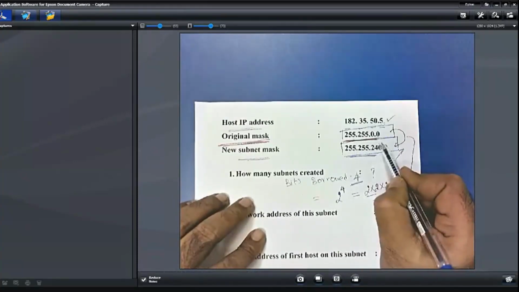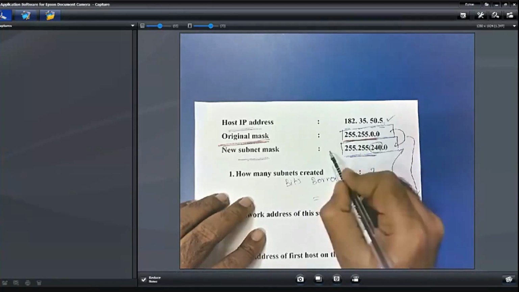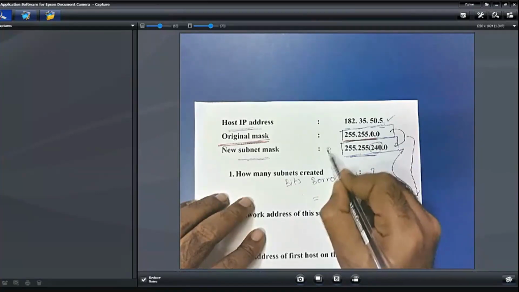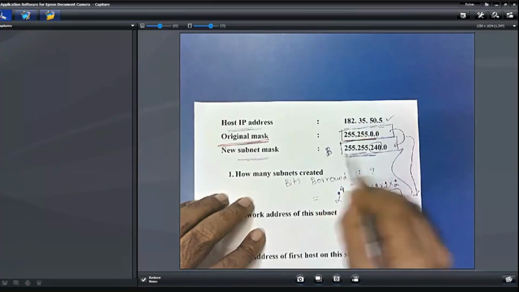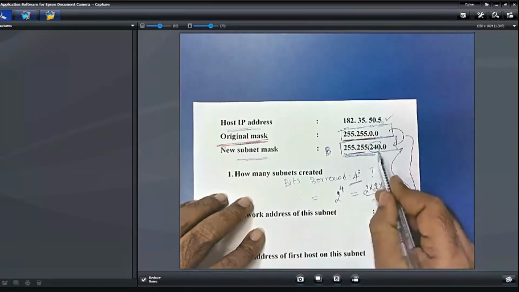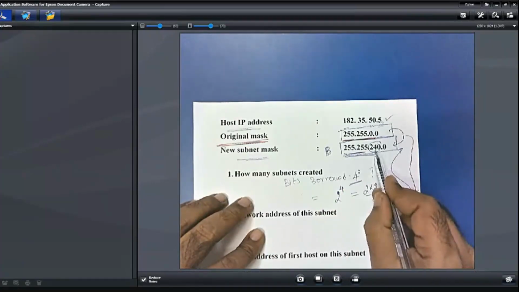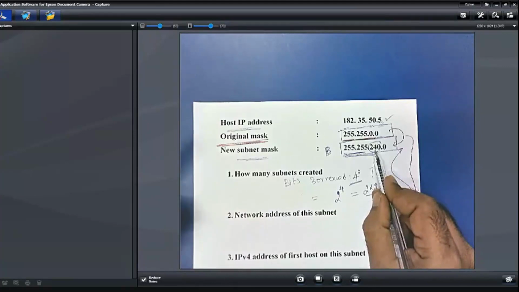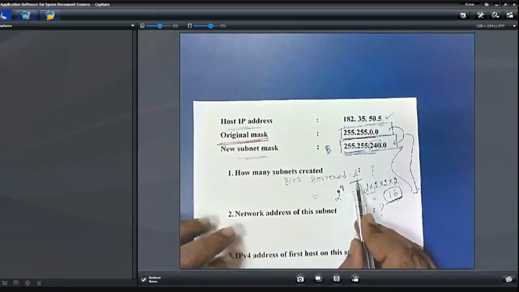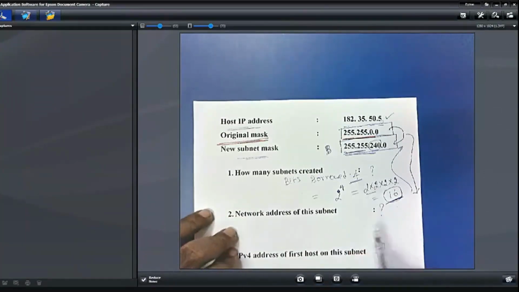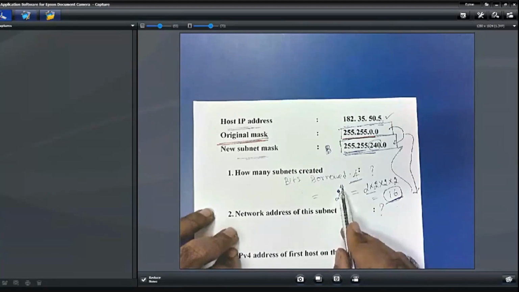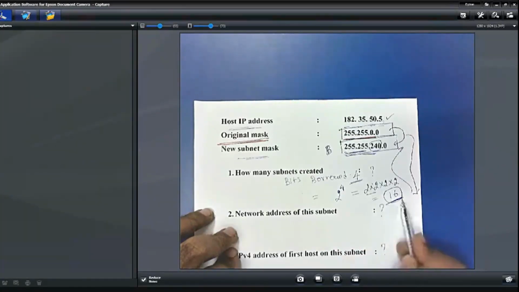The difference is available here because this is class B. In class B, the first two you are not going to touch. Only the third one you are going to take. So convert 240 into binary and you will find how many bits borrowed. Then number of subnets created is 2 to the power of 4.